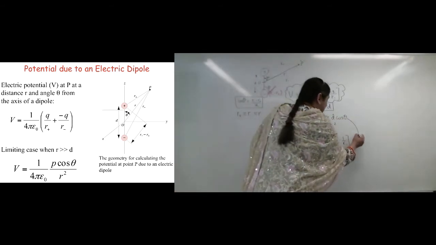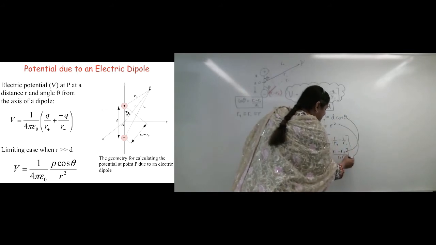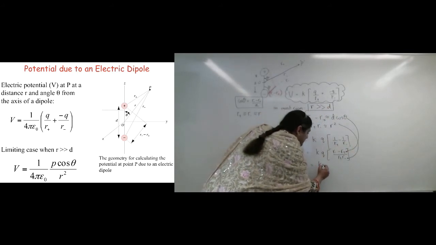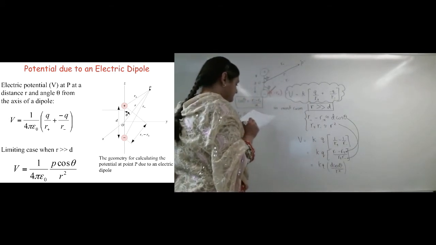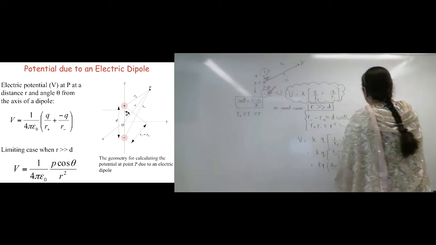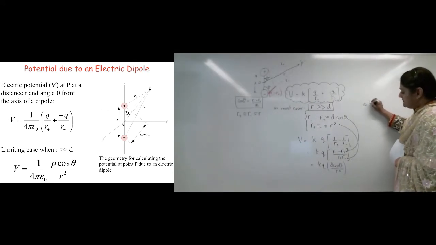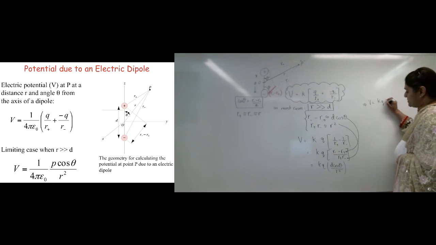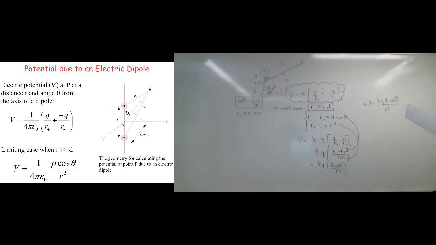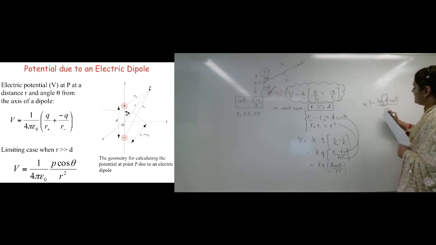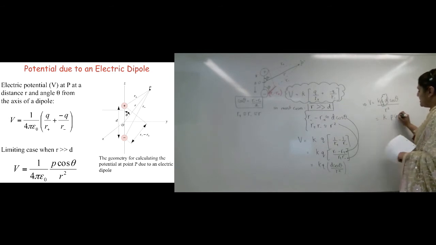And then I can plug this value in here and this value in here to give me kq d cosine theta divided by r squared, right? Now, this implies V equals kq d cosine theta divided by r squared. Or this one right here we know equals p. So it'll be p cosine theta divided by r squared.